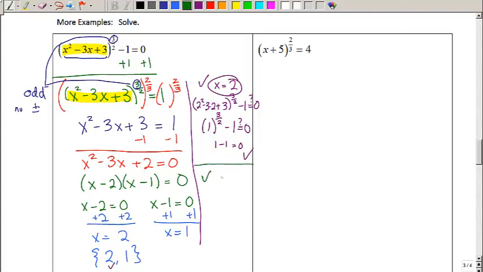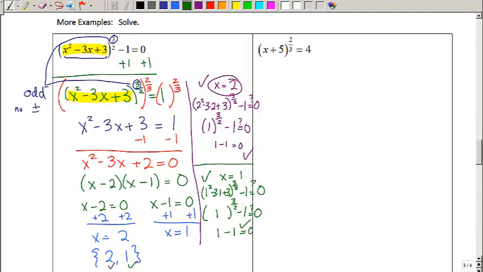Next, let's check x is equal to 1. When I reduce on the inside, 1 squared is 1, minus 3 is negative 2, negative 2 plus 3 is positive 1, and we have the same result. 1 minus 1 is 0, and it does check.